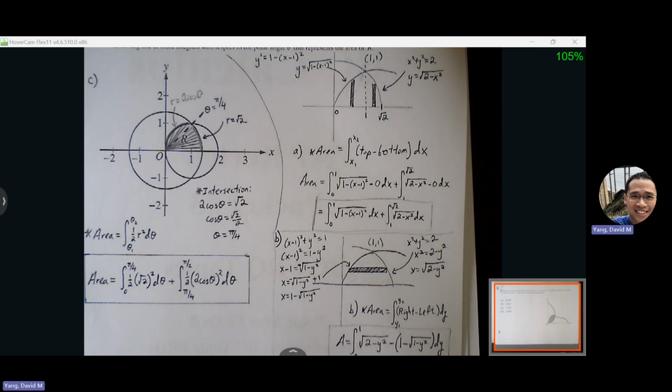And we know that they intersect at π/4 because we can set the two curves equal to each other. So r equals √2 is the large circle, r equals 2 cosine theta is the smaller circle.